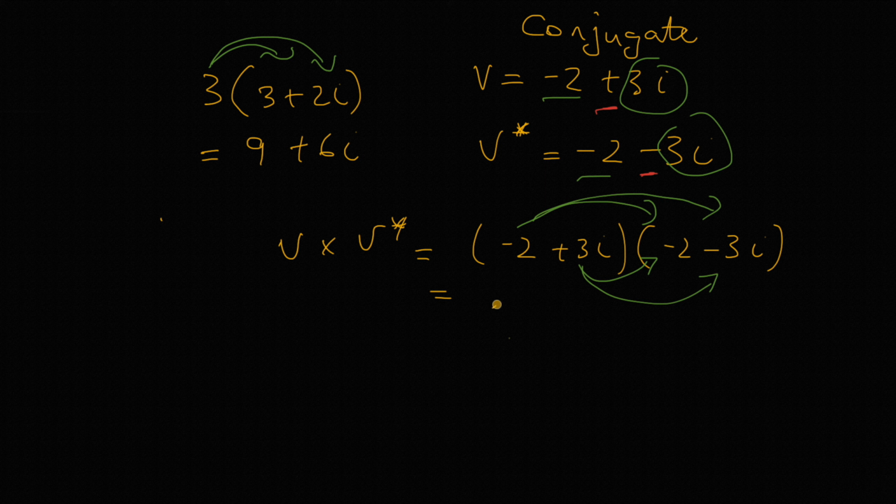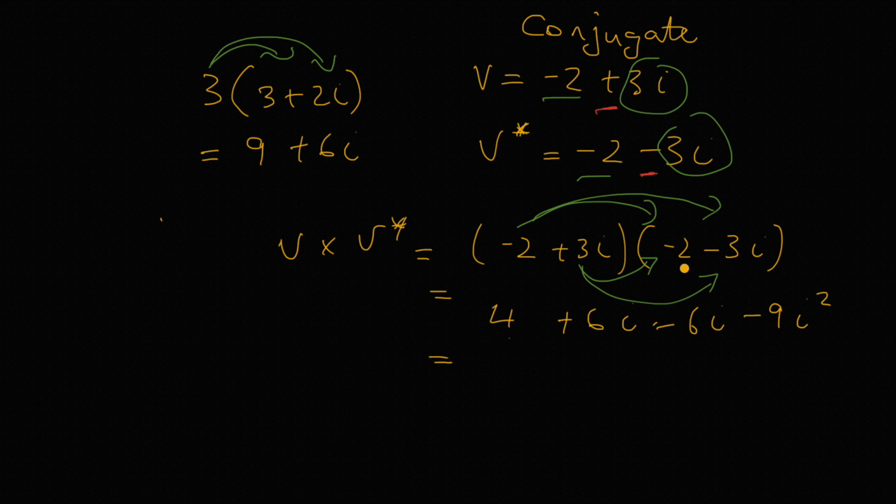So if we look at this, we'll get 4, minus 6i, plus 6i, and then minus 9i squared.